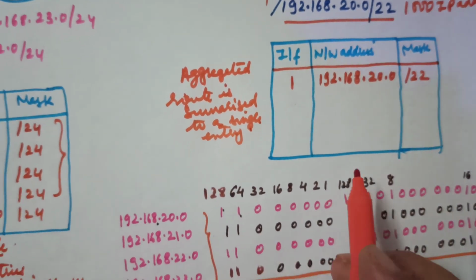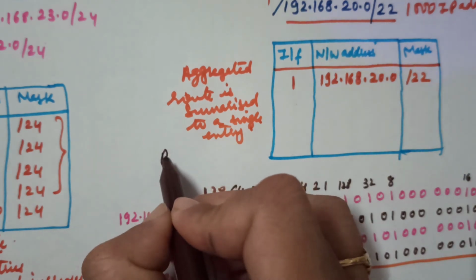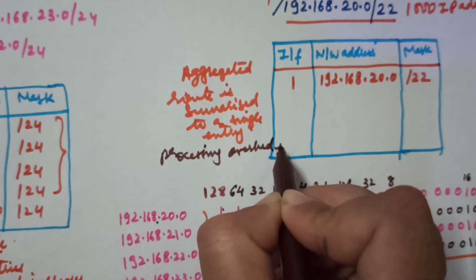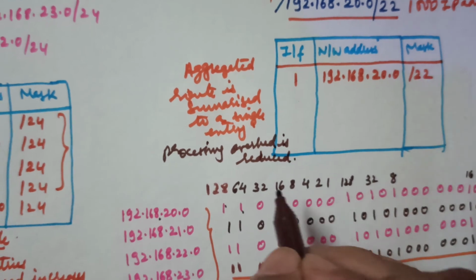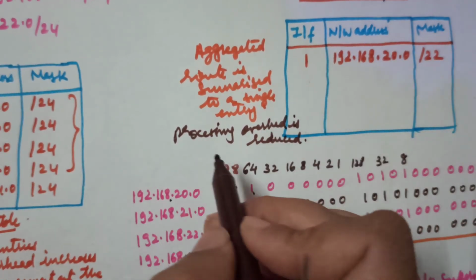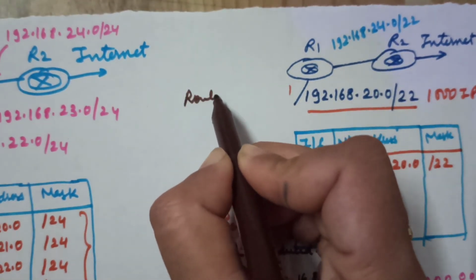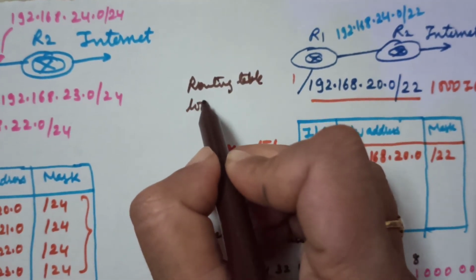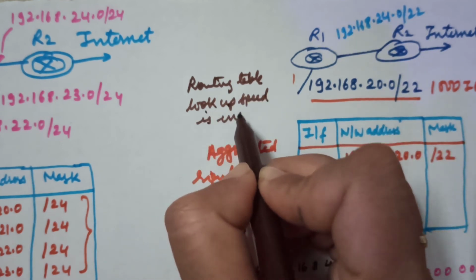And as there is a single entry in the routing table, the router processing overhead is reduced. And as there are fewer entries in the routing table, the routing table lookup speed is increased.